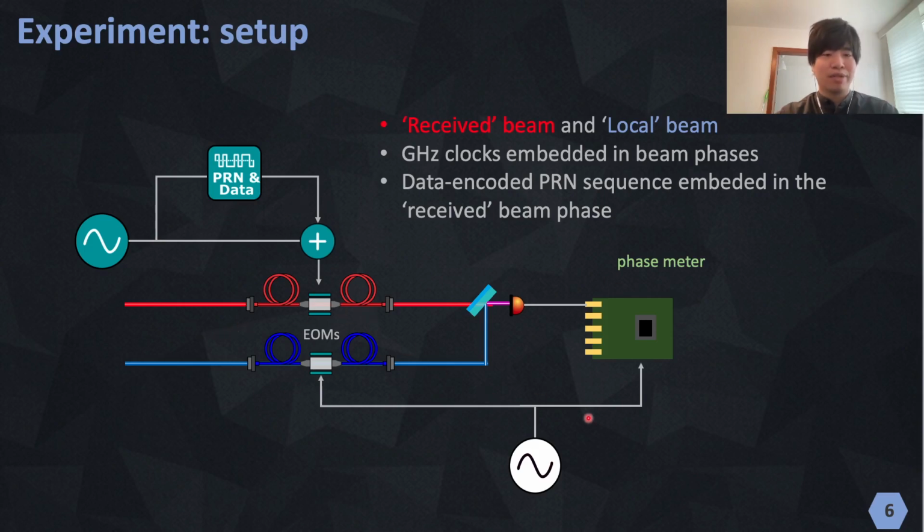And locally, we also have another independent onboard clock, which is driving phase meter. And this is also embedded to the phase of the local beam. And the interference is measured by photoreceiver and phase meter, and encoded data and the pseudo range can be derived by our phase meter. So this is what we want to test.